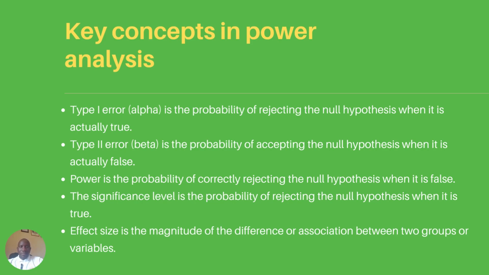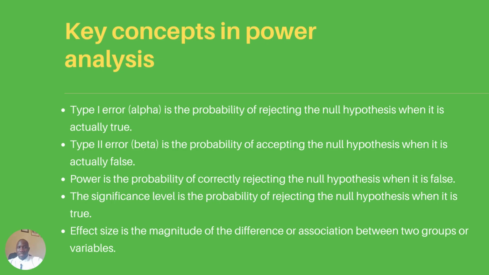The next term that we have there is significance level. Significance level is the probability of rejecting a null hypothesis when it is true. You basically believe that, okay, I'm conducting this study, but there are chances that I may actually be wrong.